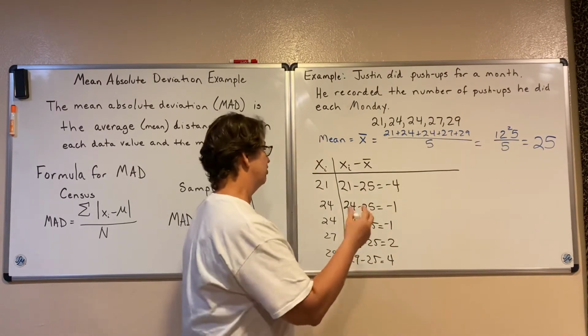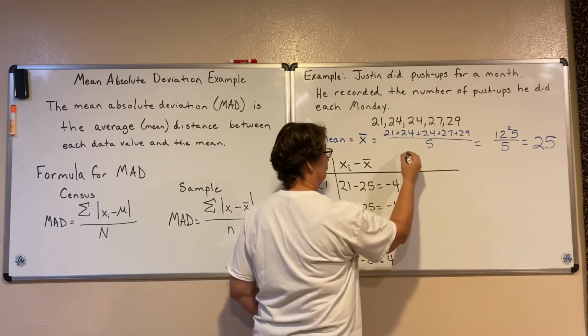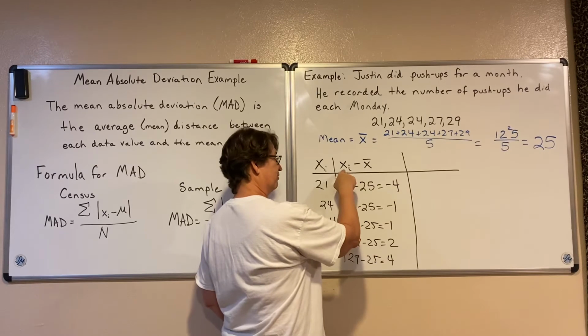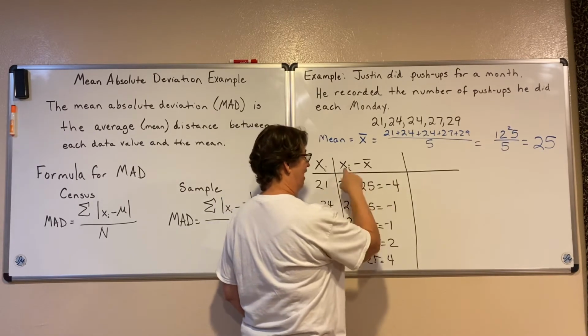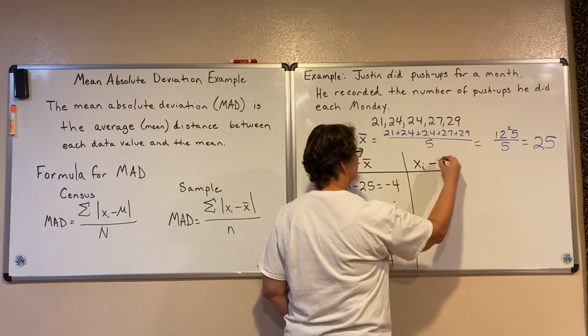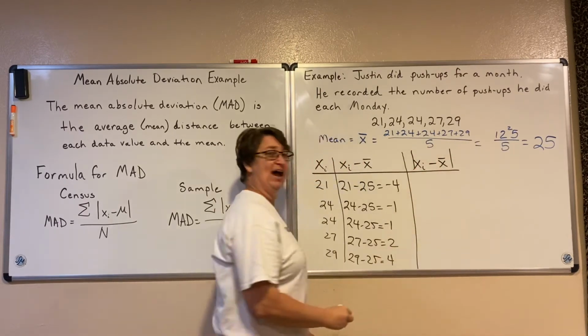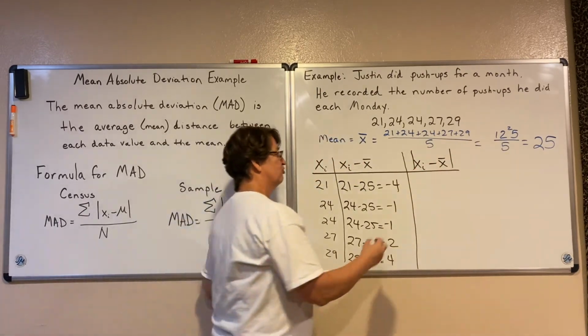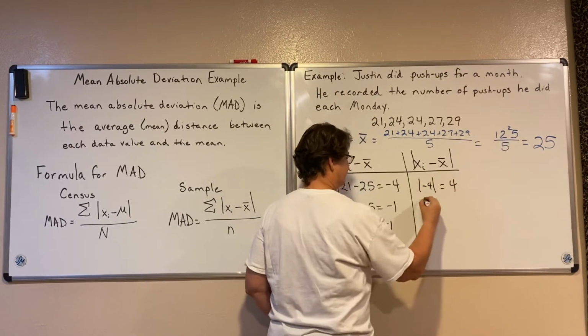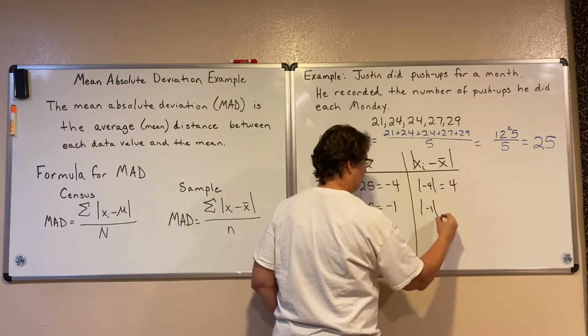Now, I found those differences between the numbers, but really what I want is the distance from my data value to the mean. How far away is it? Well, remember that the way we find the distance is we take the absolute value of those numbers. So I'm going to take the absolute value of each of those. The absolute value of negative 4 is 4.